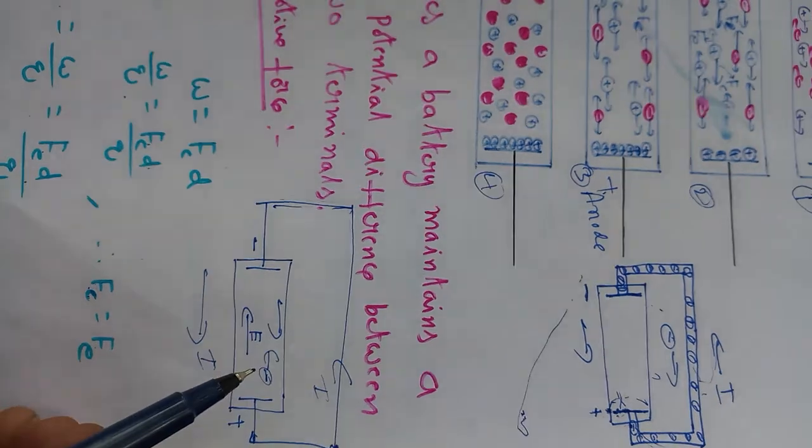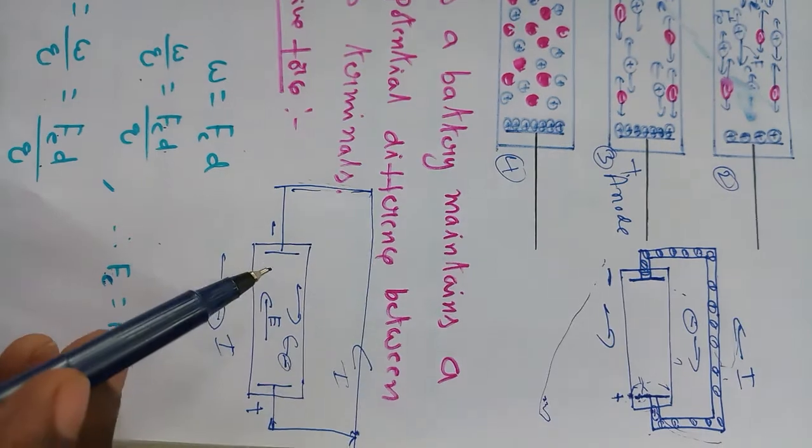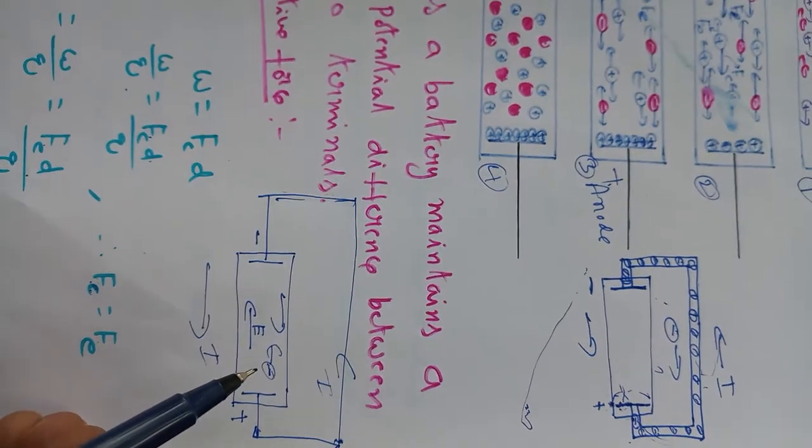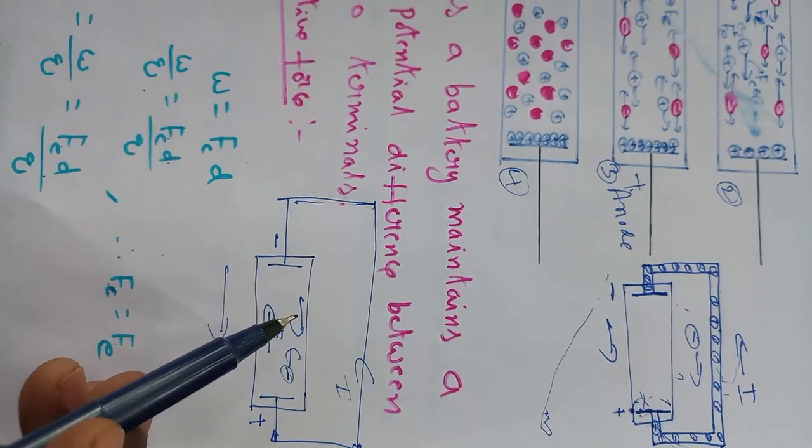So in order to move the electrons from a high potential to low potential, the chemical force has to do some work against the electric force. And the chemical force must be equal to the electric force.